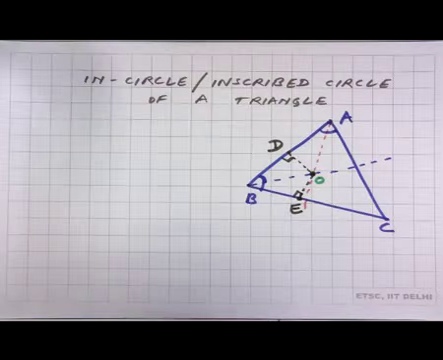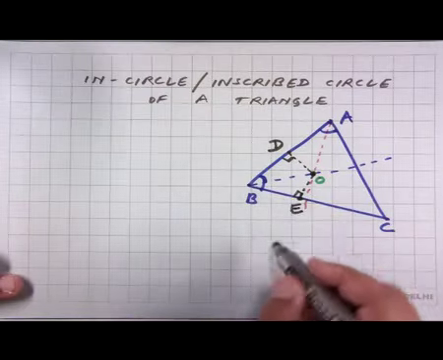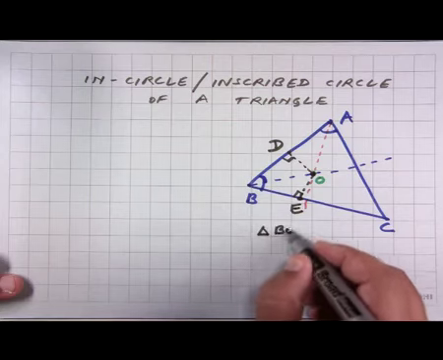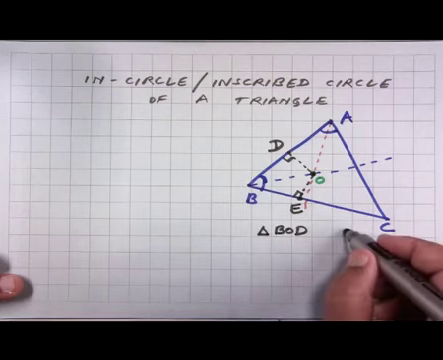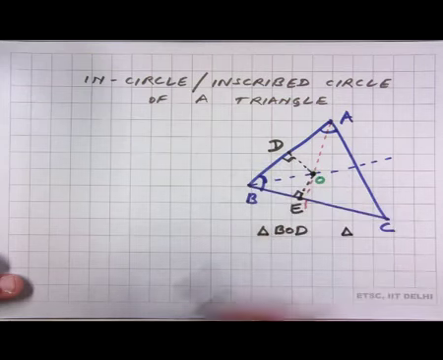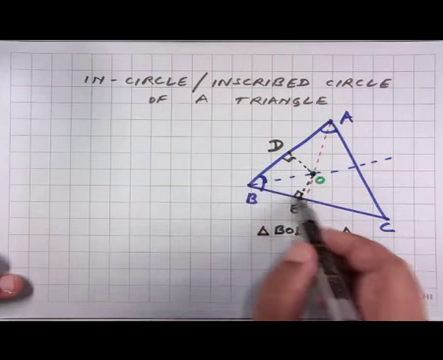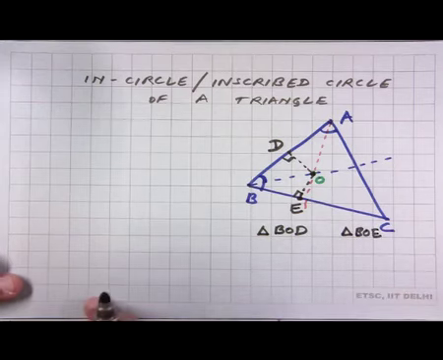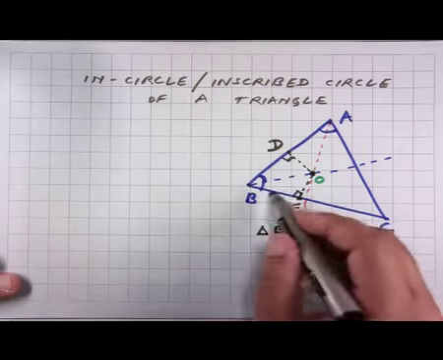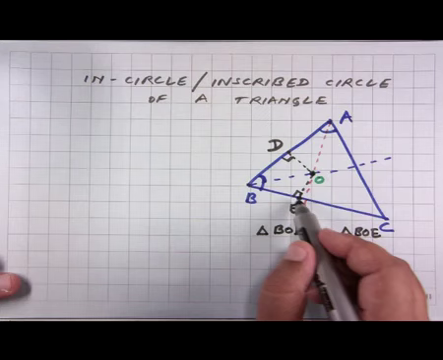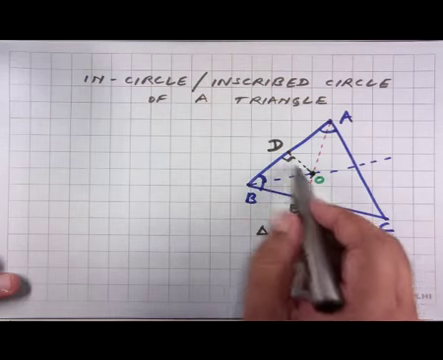Next, let us focus on these 2 triangles: triangle BOD, which is this right angle triangle, and the other triangle, triangle BOE. That is also a right angle triangle, and it is easy to see that, first of all, they have a common side OB, and then the angle BEO, which is 90 degrees, is equal to the angle BDO.